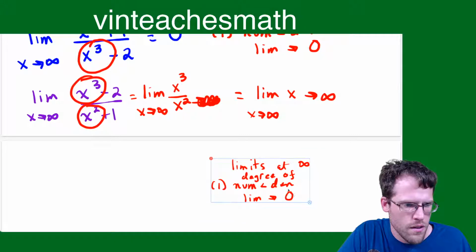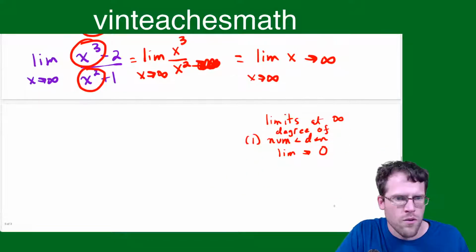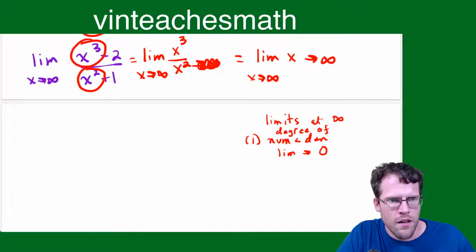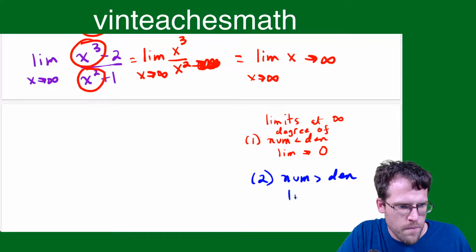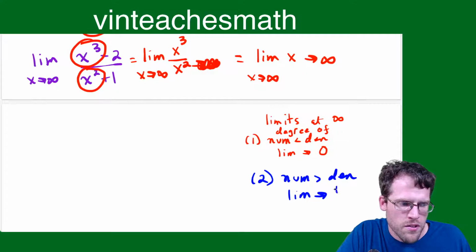And here we go. A second point to make is that for limits at infinity, if the degree of the numerator is greater than the degree of the denominator, then the limit could actually go towards plus or minus infinity.